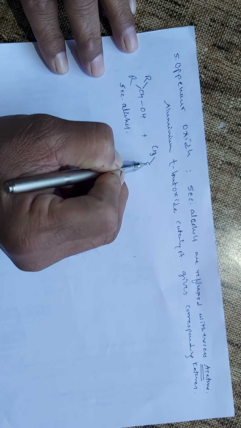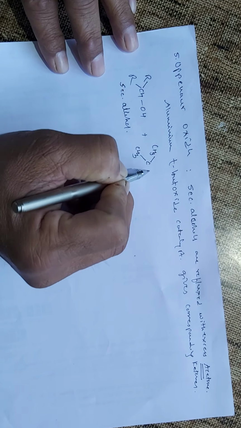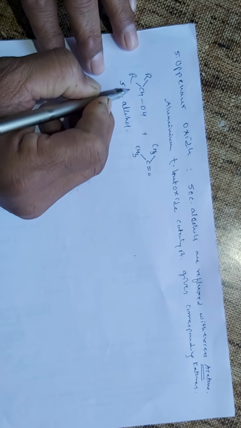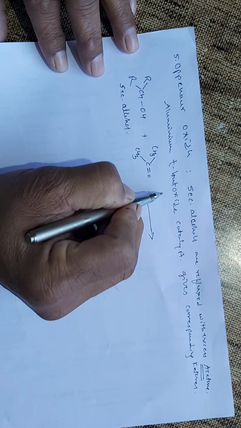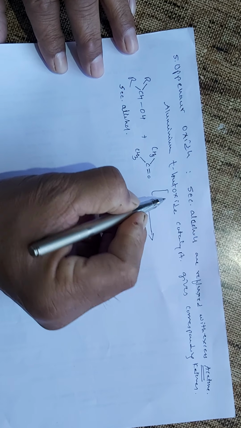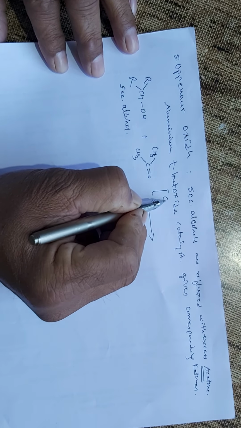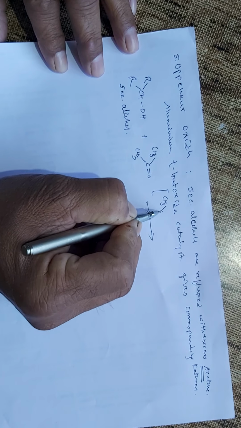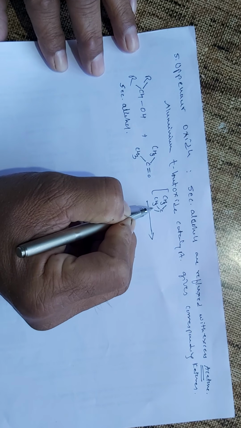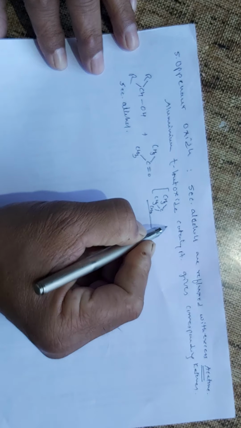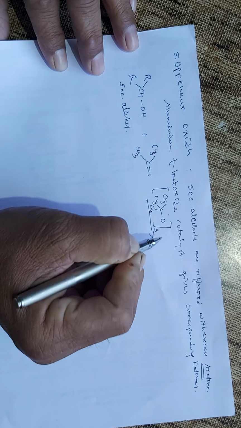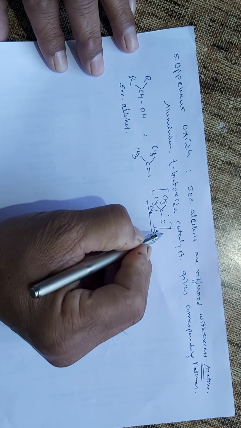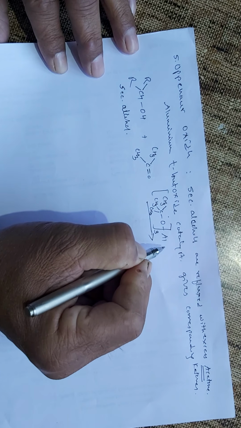Acetone is the common reagent. Whenever you are supposed to change this type of secondary alcohol, the reaction is carried out in presence of the reagent, that is aluminium tertiary butoxide, means three molecules of tertiary butoxide are attached to the aluminium.